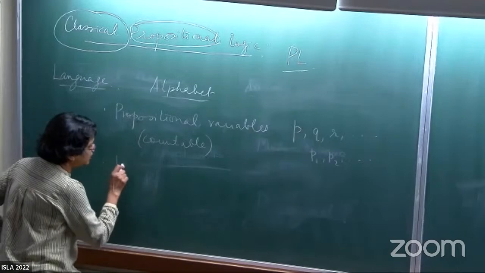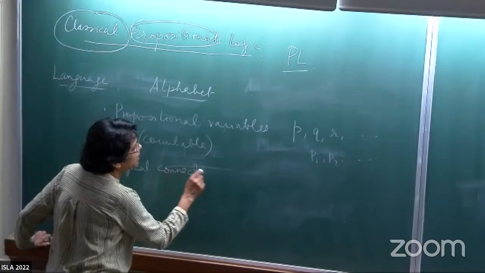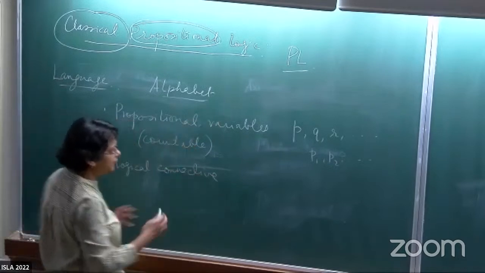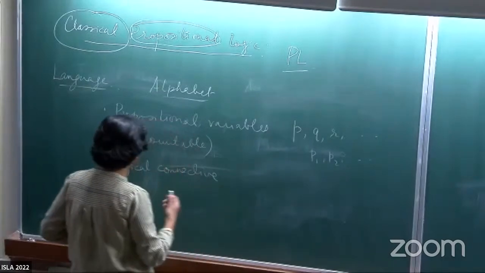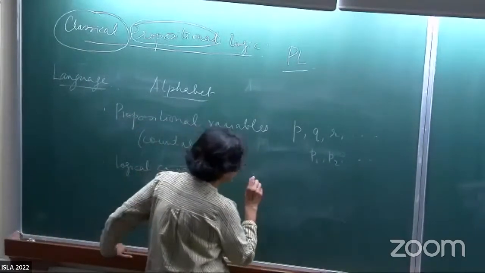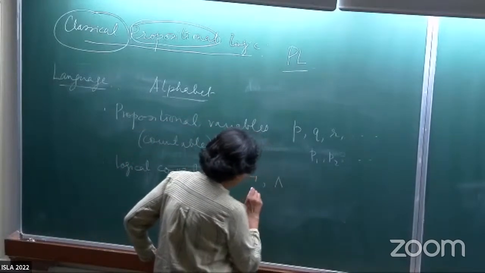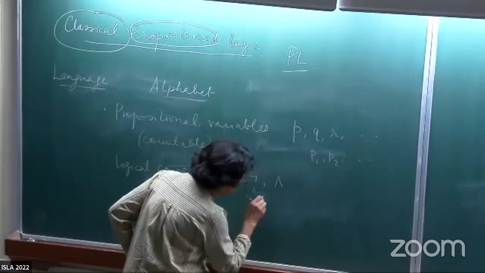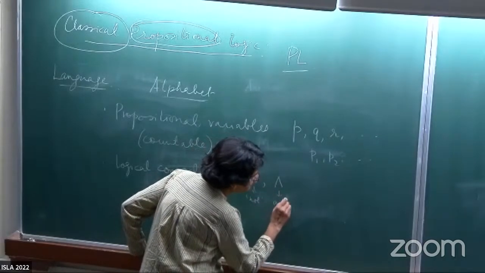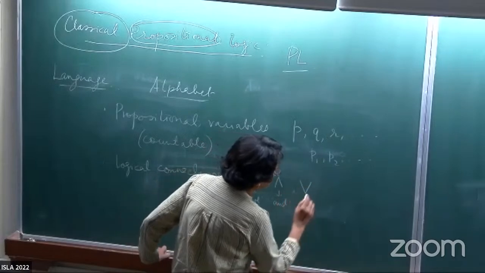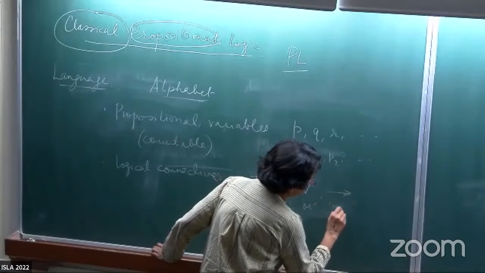And then you will have what are called the logical connectives, the connectives that are going to connect these propositional variables and result in compound formulae, compound statements. I'll introduce the notations that I'll be following: this to stand for not, the wedge to stand for and, the V to stand for or, and this is implies.